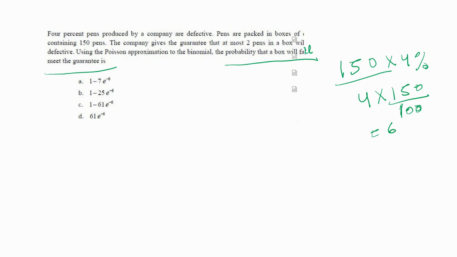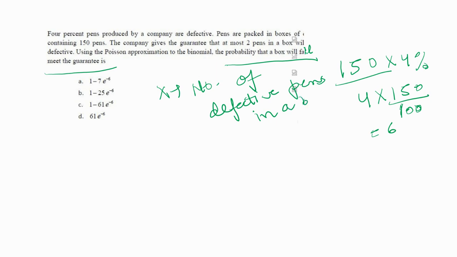So let x be the number of defective pens in a box. If it fails to meet the guarantee, then we need to find the probability that x is greater than 2. Now it will be 1 minus the probability that x is less than or equal to 2.